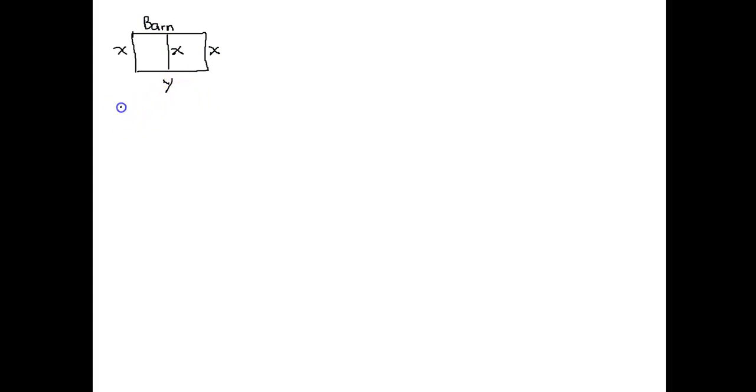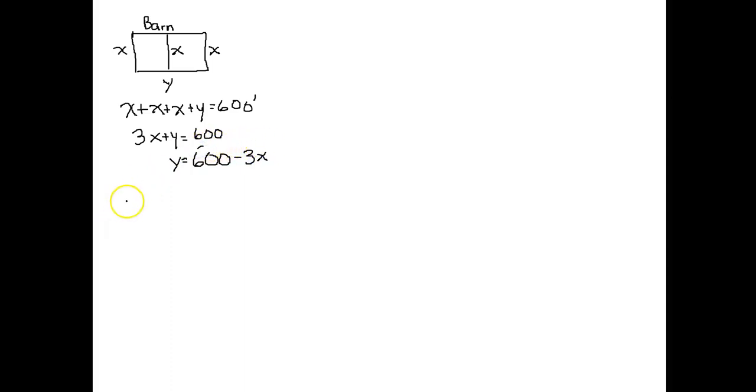And they tell us she's got 600 feet of fencing to work with here. So these 3 x lengths plus this y length has to equal 600 feet when we're all said and done. So y equals 600 minus 3x.